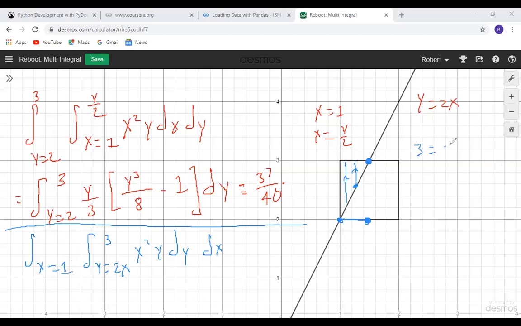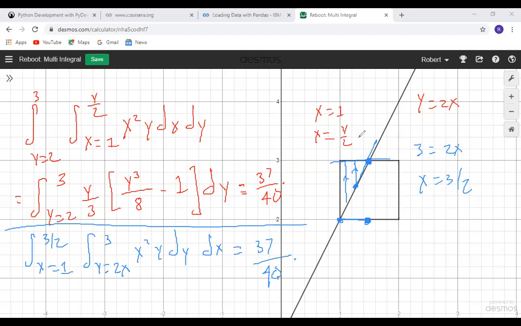So we say 3 equals 2x. We're just finding the x-coordinate of the intersection of this slanted line and this horizontal line, which is x equals 3/2. And if you compute this, you will get 37/40, which makes sense because these are just two different ways of computing the same thing, which is the weight of this part of the plate.